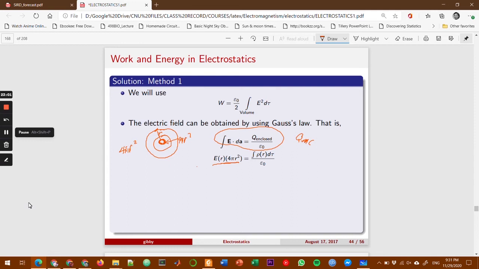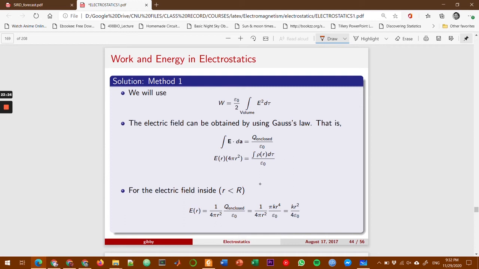Okay, so the Q enclosed is given by this. You have your rho d tau. Your rho is kr, right? Okay.